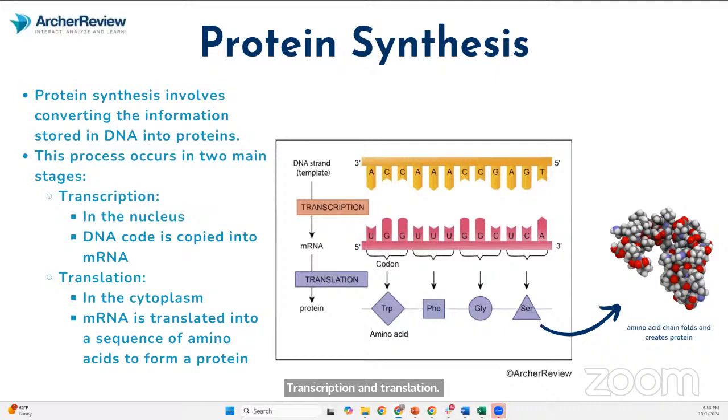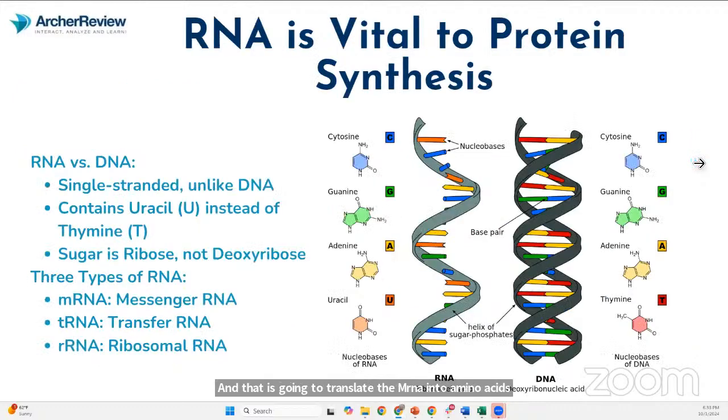Transcription is going to occur in the nucleus, and it's just mRNA making a copy of the DNA. And then translation is going to occur in the cytoplasm, on the ribosome, and that is going to translate the mRNA into amino acids to make the protein. And we're going to shine our spotlight on that a little further, but we first have to recall a little bit about RNA because RNA is very important to this process.